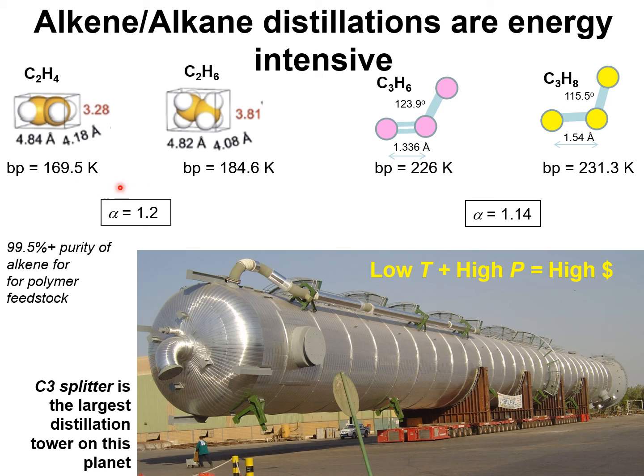The boiling points are relatively close to each other, and the relative volatility alpha is about 1.2. For separation of propene from propane, we see that the boiling point differences are about 5 degrees Kelvin, and the relative volatility is only 1.14.